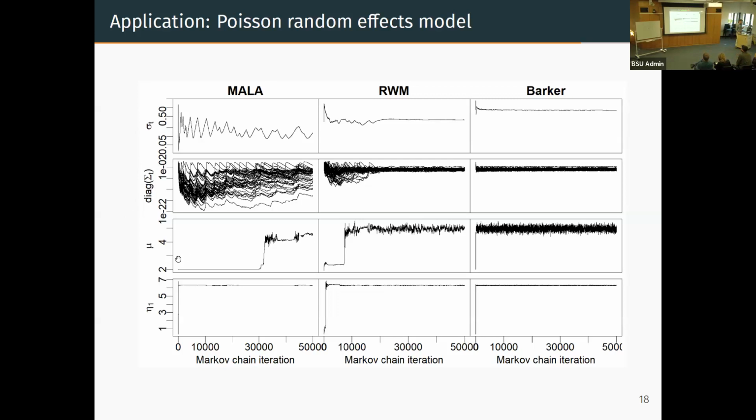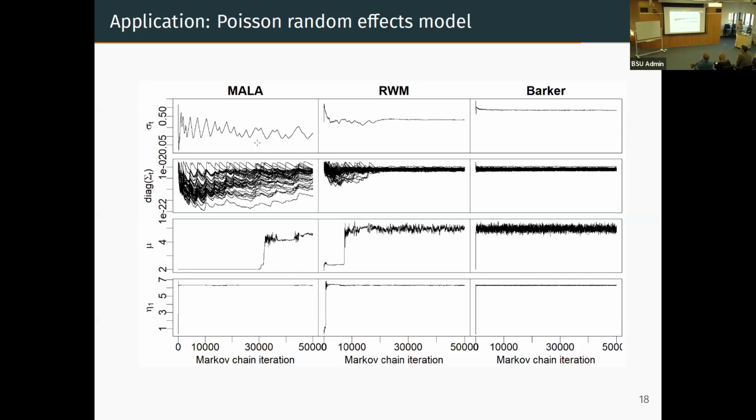And then the bottom 2 rows are trace plots. If you first look at the global scale and the preconditioning matrix, you can see that basically MALA is really struggling to find intelligent adaptive tuning parameters in order to run the algorithm well.